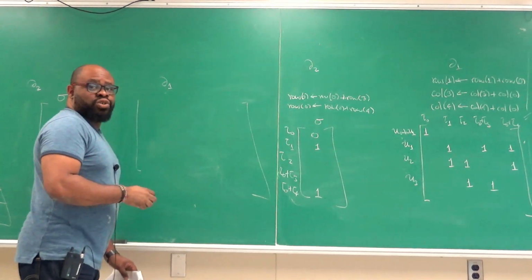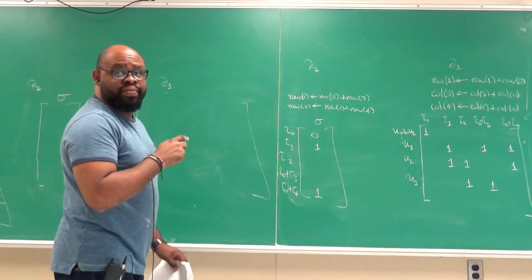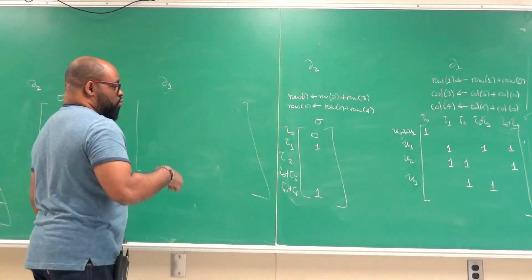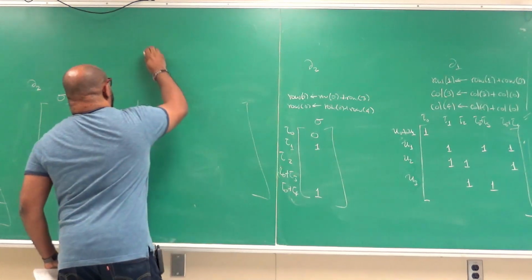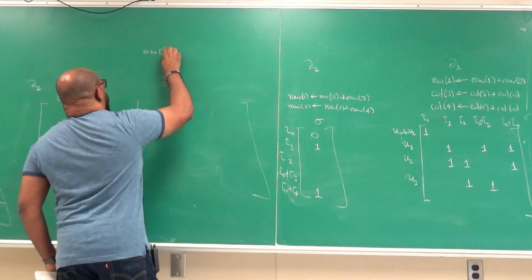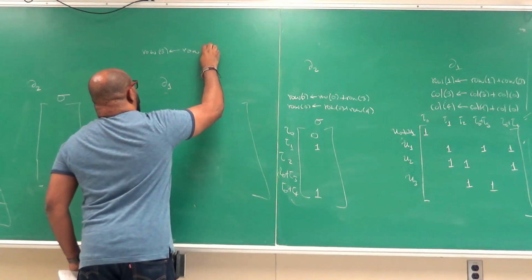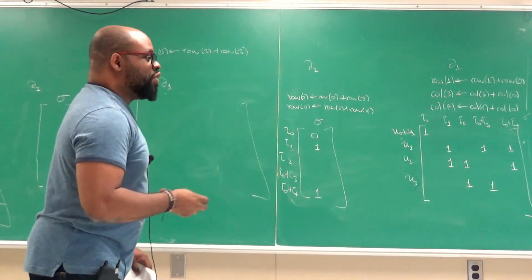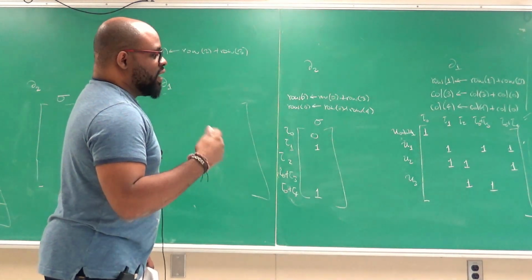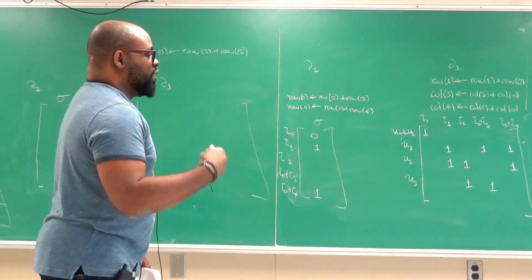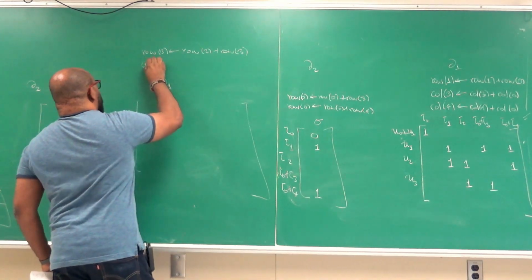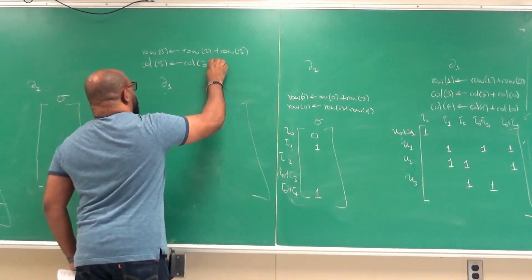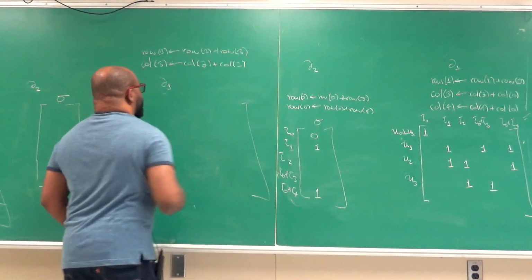So row 3, we're going to assign it row 2 plus row 3. And once we've done that, we're going to assign to column 3, column 2 plus column 3. Okay?